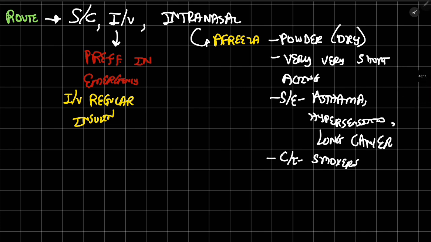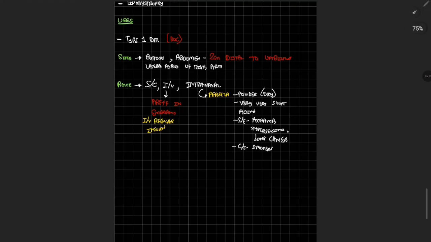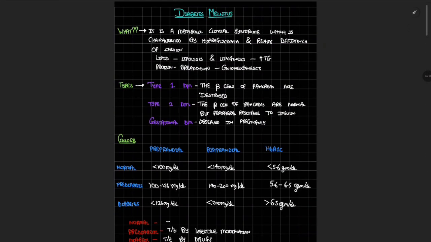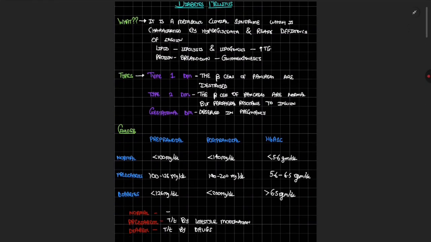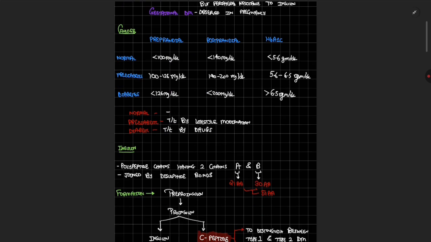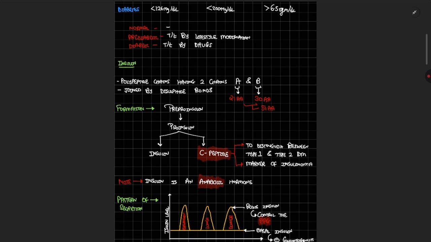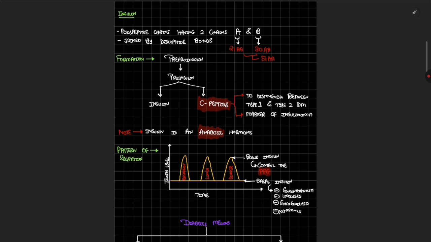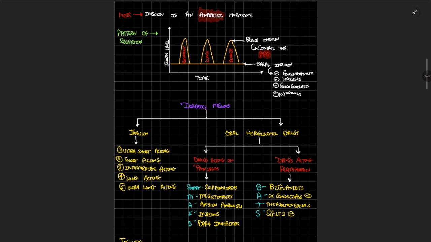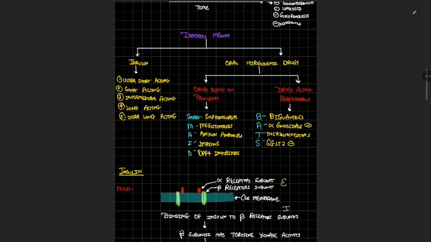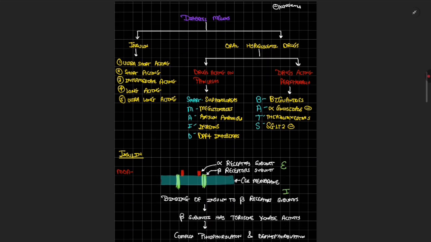So this was all about insulin. We started with the definition of diabetes mellitus. We then studied the types of diabetes mellitus. We saw glucose levels and the treatment of each level. Then we saw insulin as a growth hormone of the body, and the pattern of secretion of insulin in our body. Then the classification of drugs, with two major classes, insulin and oral hypoglycemic drugs.